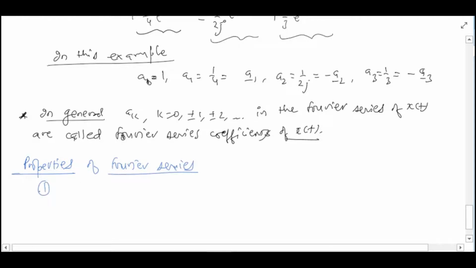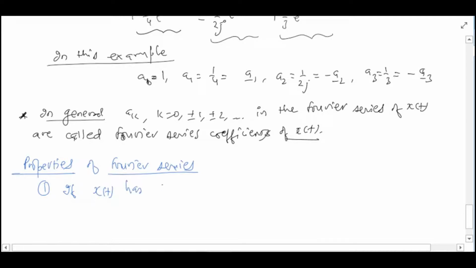The first property is: if x(t) has Fourier series coefficients a_k, then x star t, which is the complex conjugate of x(t), has Fourier series coefficients a star minus k. Let me write it.